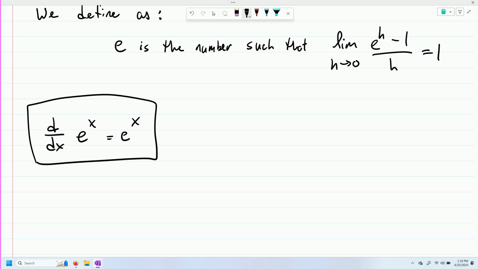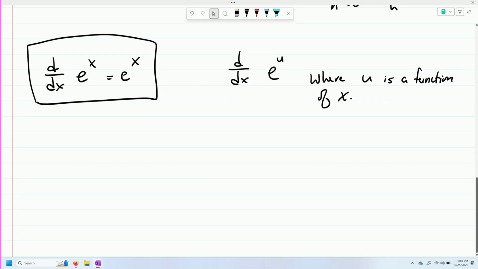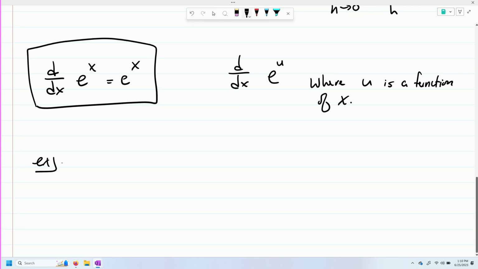But this doesn't really help us when we have something like, what's the derivative of e^u, where u is a function of x? So it could be anything really, like this example here: find the derivative of e^(-4x).